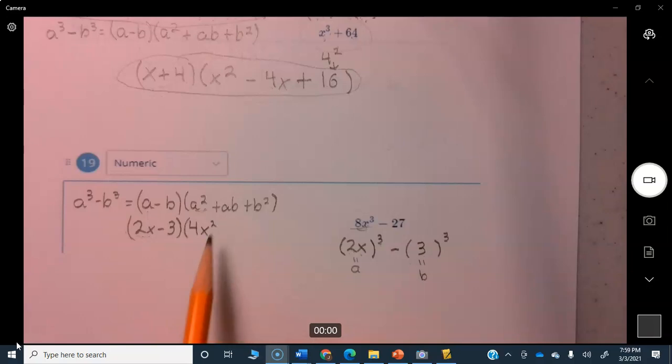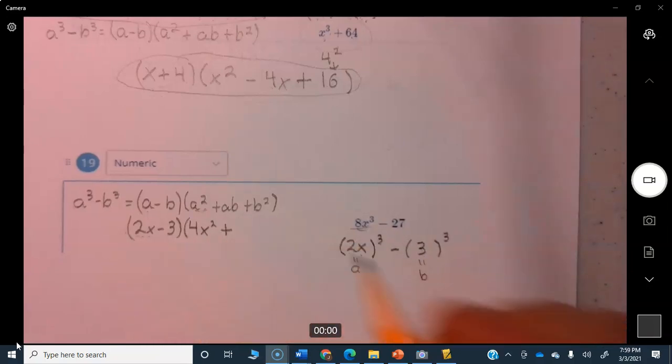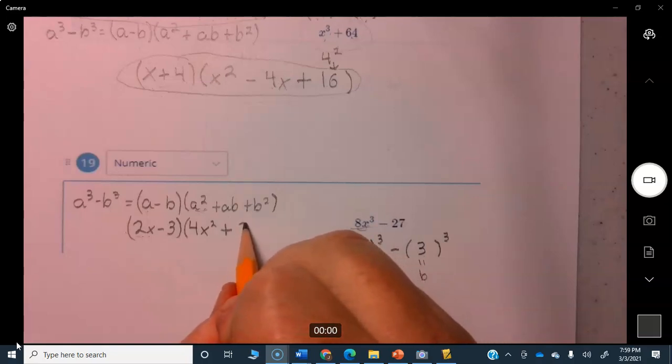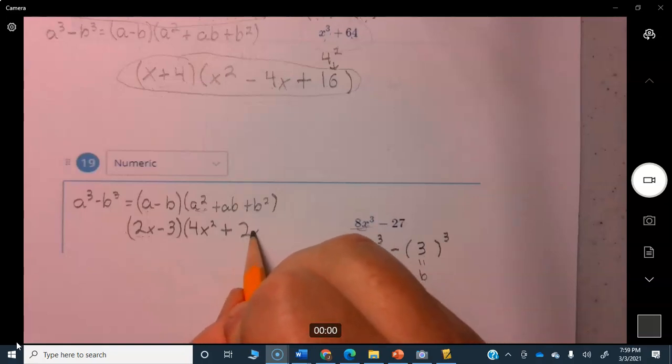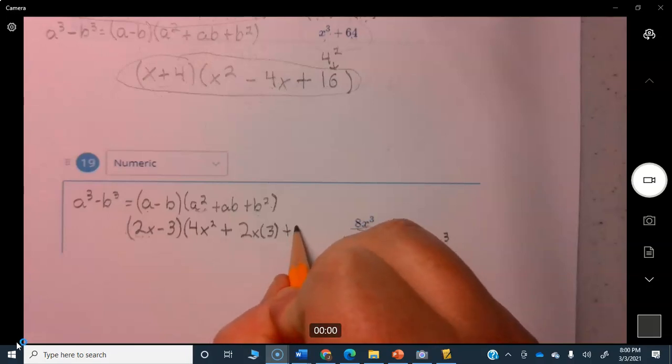Next is plus ab. So plus 2x times 3. And we can simplify that. We'll do that on the next step. And finally, last is b squared. That's 3 squared, so it's plus 3 squared.